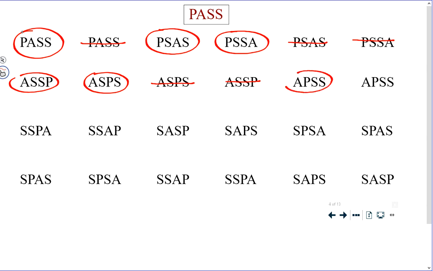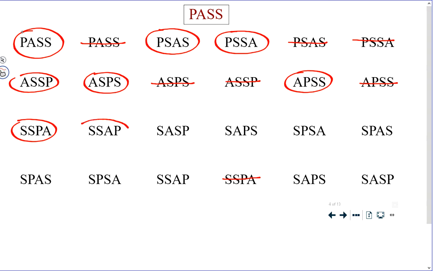I have APSS. I think many of you are going to see here that what's happening is because we've changed all of the T's to S's, we get pairs of identical arrangements. So for example, I have SSPA and I have SSPA down here.